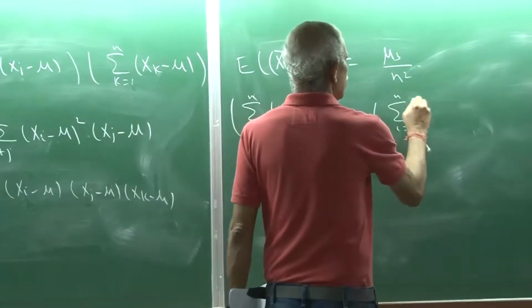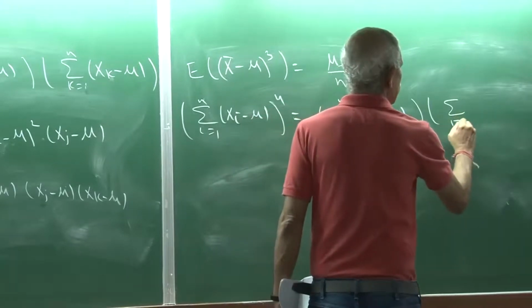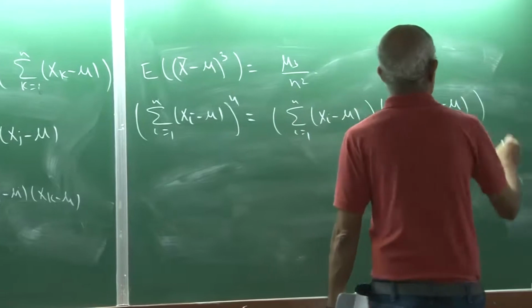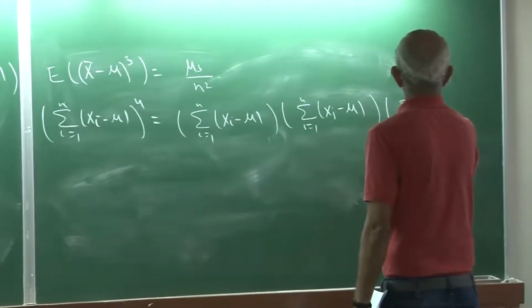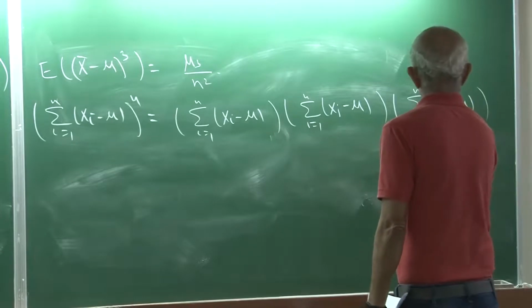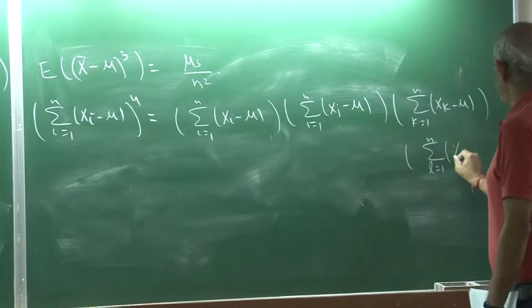Summation i equals 1 to n of xi minus mu. Summation j equals 1 to n of xj minus mu. Summation k equals 1 to n of xk minus mu. And summation l equals 1 to n of xl minus mu.